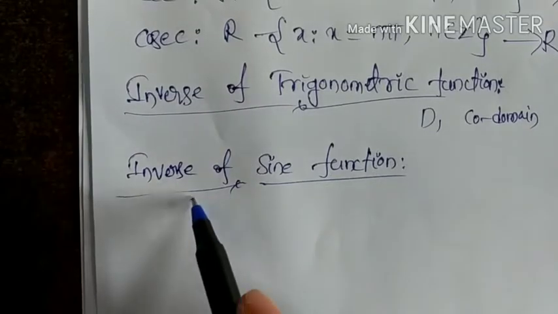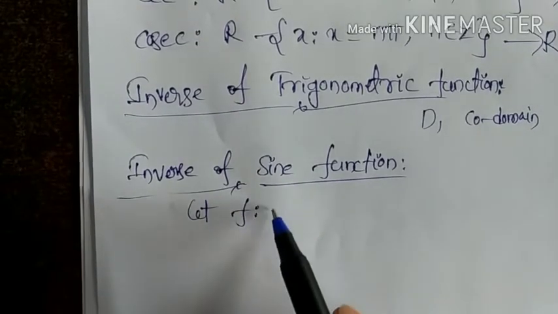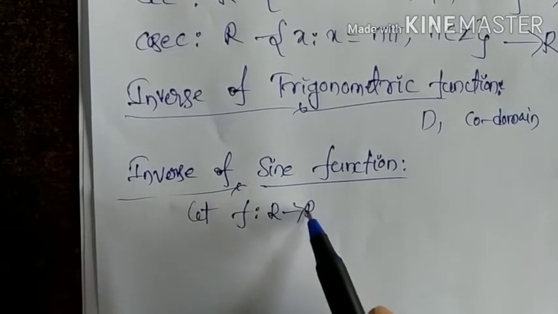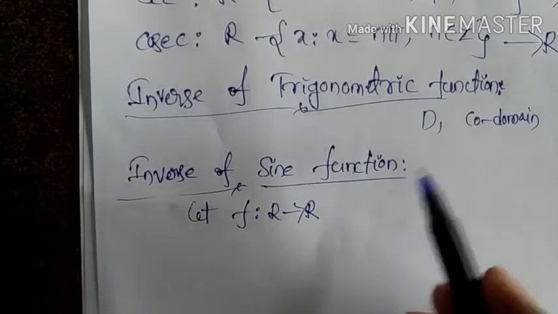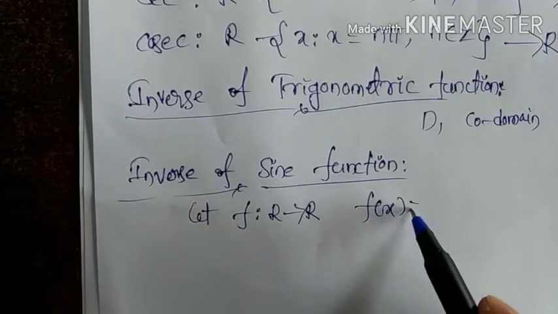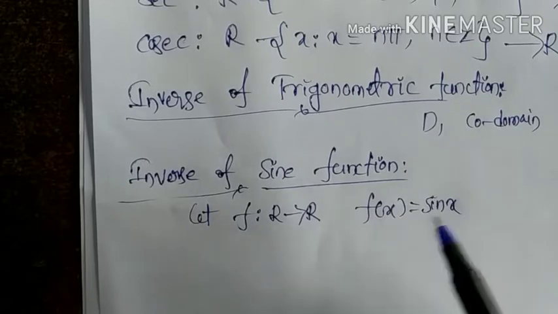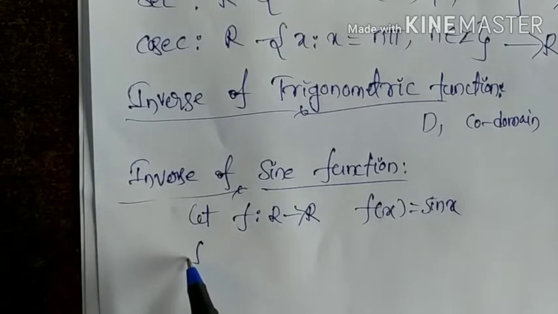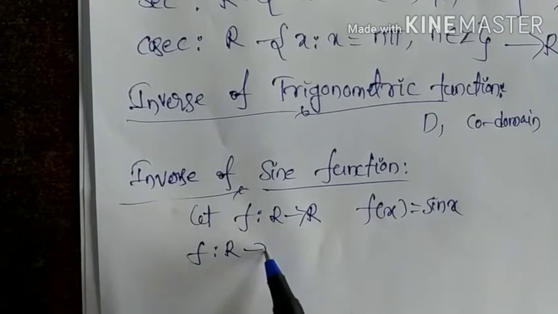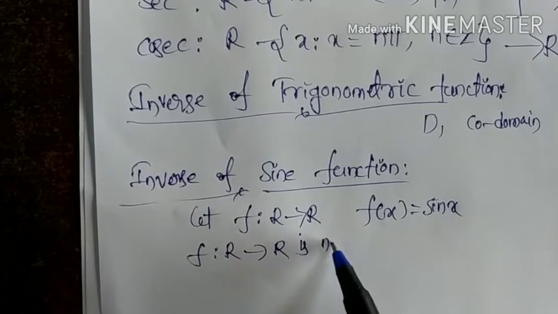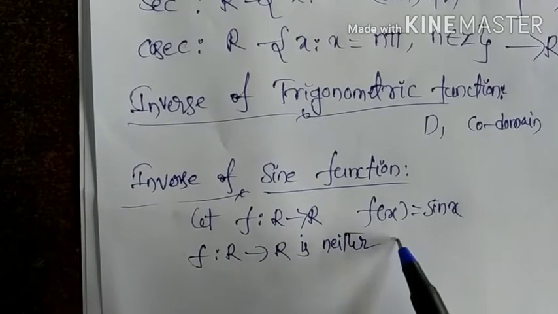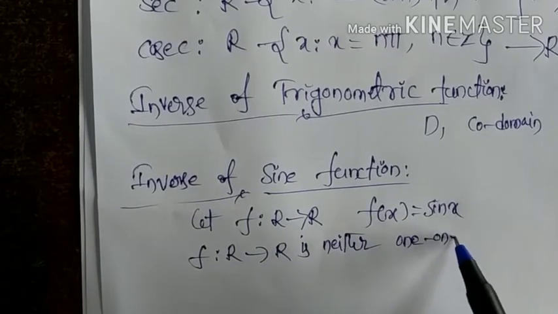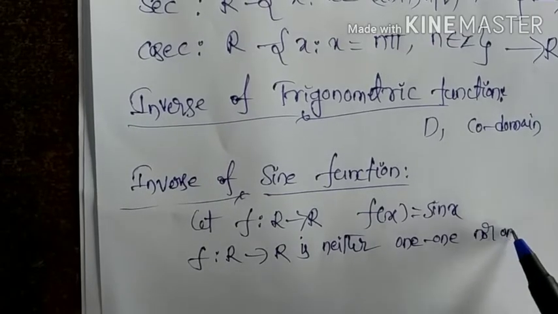Let f be defined from R to R by f of x is equal to sin x, right? The function f: R to R is neither one-one nor onto.